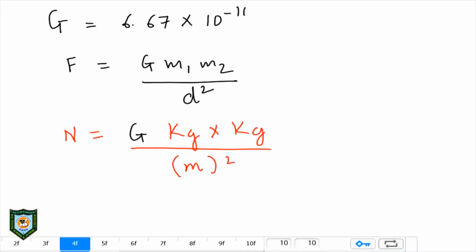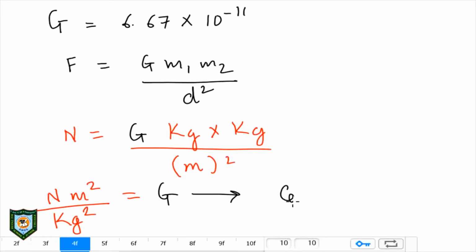So now we have to move everything from the right hand side to the left hand side in order to find the SI unit for capital G. Here I get Newton meter square divided by kg square on the left hand side, and this value is equal to capital G. Now if I move kg square to the numerator, capital G becomes Newton meter square kg to the power minus 2.